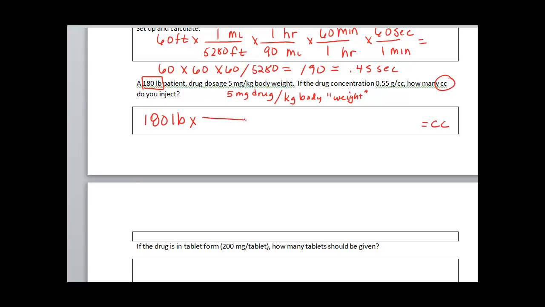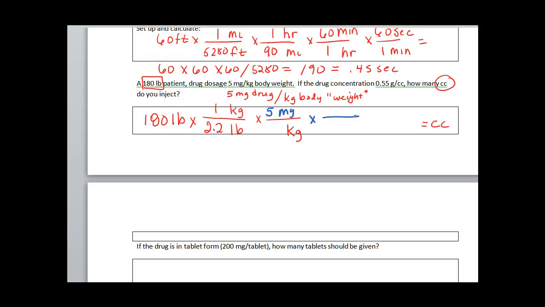Since my drug dosage is in kilograms, I want to get his weight or mass in kilograms, and there's 2.2 pounds in 1 kilogram. Once I have the information in kilograms, I can take those kilograms of body weight and convert them into milligrams of drug. And there are 5 milligrams of drug for every kilogram of body weight.